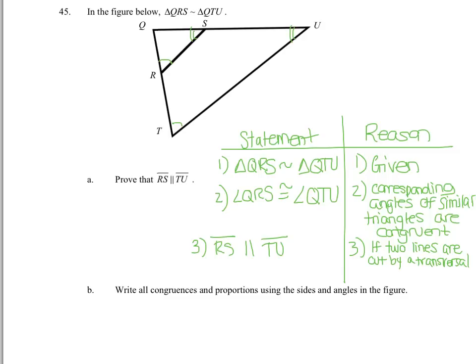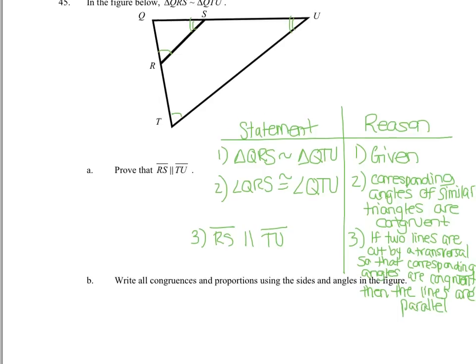Two lines are cut by a transversal so that corresponding angles are congruent. Then the lines are parallel. So it's the converse of the definition of corresponding angles. And that would be our proof.